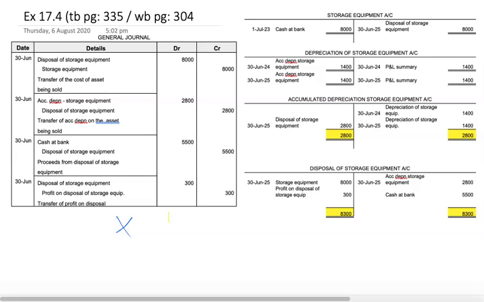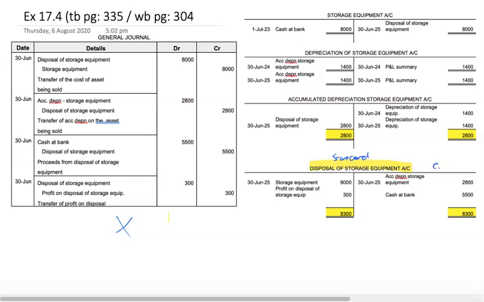You're then going to pick all this information up, our perfect instructions, to do our ledgers. The one that I'm going to really focus on is our disposal of storage equipment. Our disposal of storage equipment is our scorecard. I always want you to think of this as our scorecard.